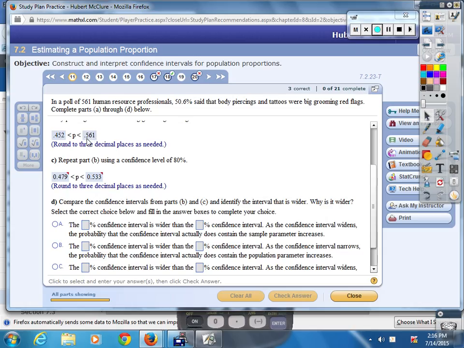It comes down 3% here and goes up 3% here. Does everybody see that? Or am I crazy? 53 to 56, it went down. 45 to 48, it went up 3. So compare the confidence levels and identify the interval that is wider. 48 to 53. I believe they're both the same.